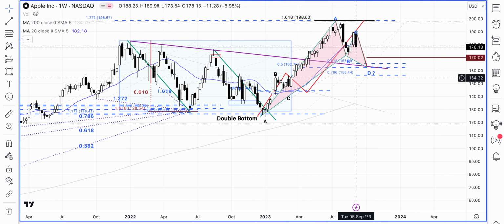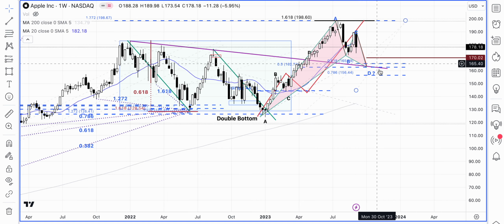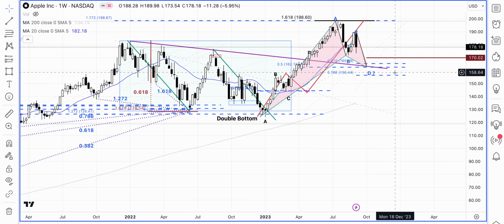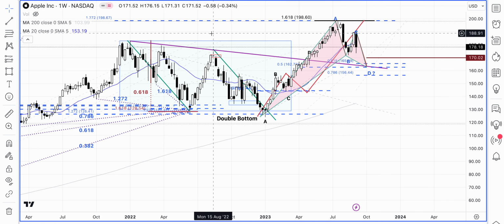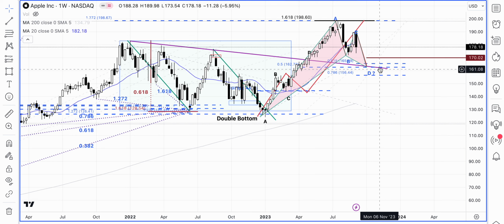What we are observing now could be a B C D one-to-one projection lower, which could take the stock to somewhere around the $160 per share level, so 162 to $160 per share level. We also have this line coming here, which could provide support for the stock.